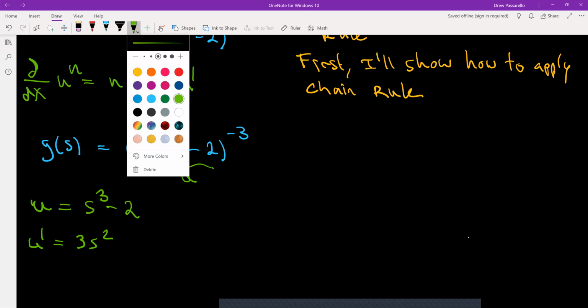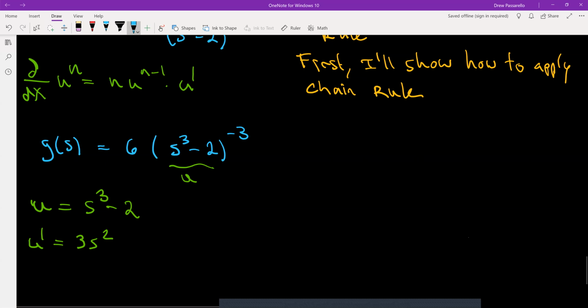So I know I kind of verbally described what the steps were. Now at this stage, I'm hoping we can minimize the number of steps and just focus on the crucial steps. All right, so g prime of s: I'm going to factor out the 6 and then take the derivative of s cubed minus 2 to the -3rd power.